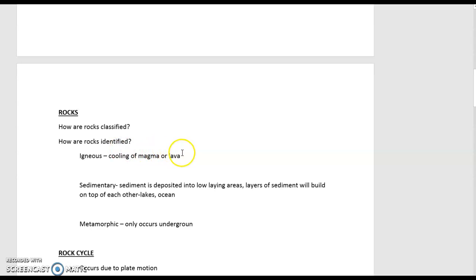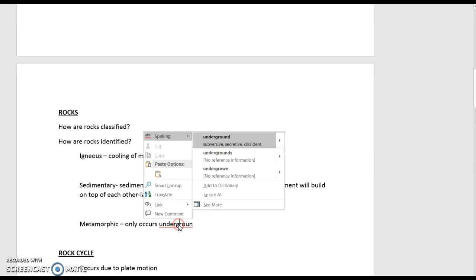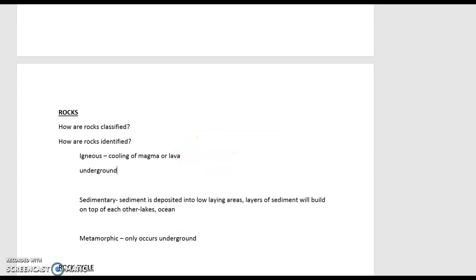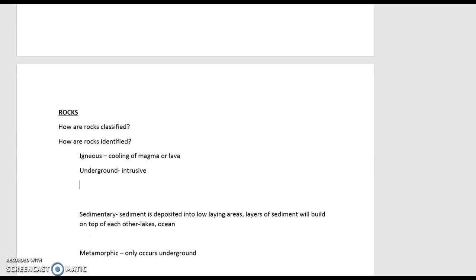So igneous rock can occur either above ground or underground. If it's underground, we know that it's intrusive. If it's above ground with lava, then it's extrusive.